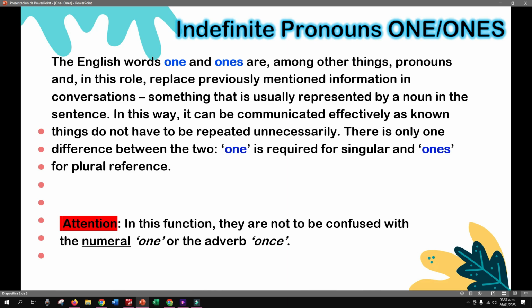So you must check the context of the sentence or the paragraph. In that way, you're going to identify if you require the indefinite pronouns or you are talking about the number one, right, or the other ones. Okay, so be careful with this.